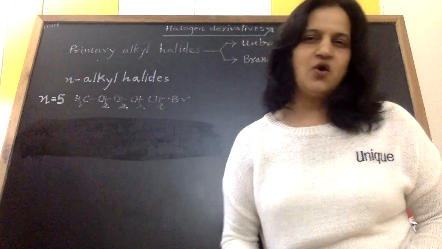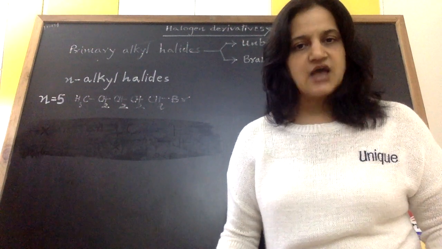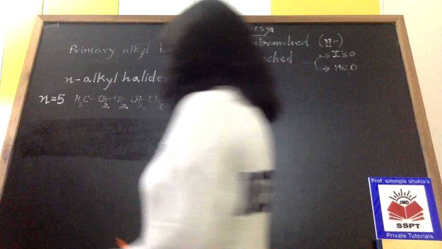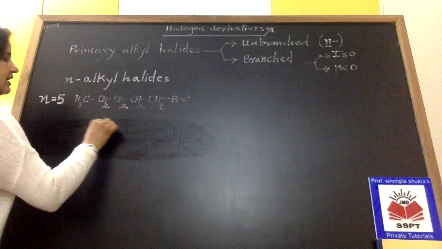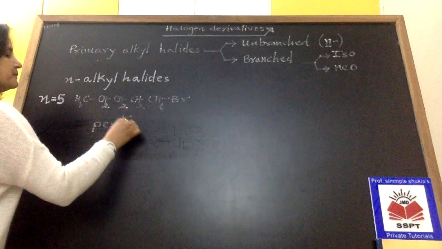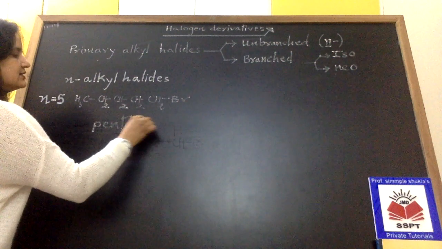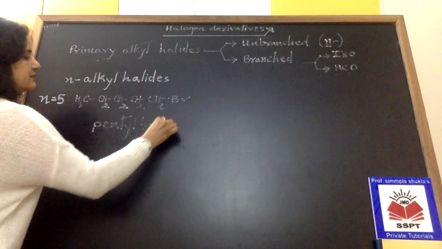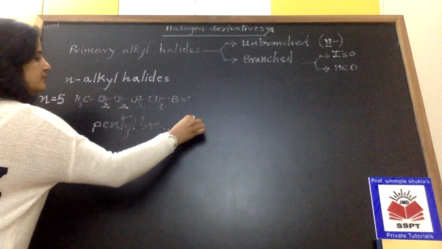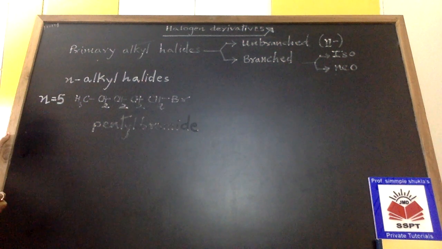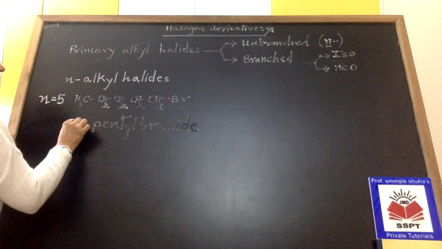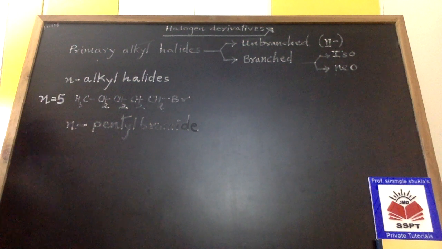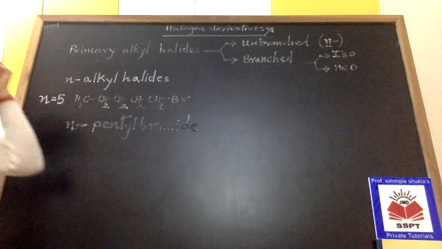Pronunciation can be anyway, whatever. So this is a pentyl halide. Since the halide is bromide, I'm writing pentyl bromide. And since it is unbranched, I'm writing N-pentyl bromide.